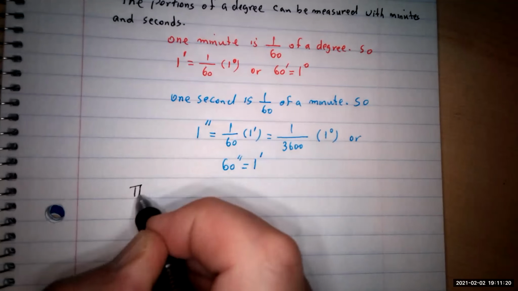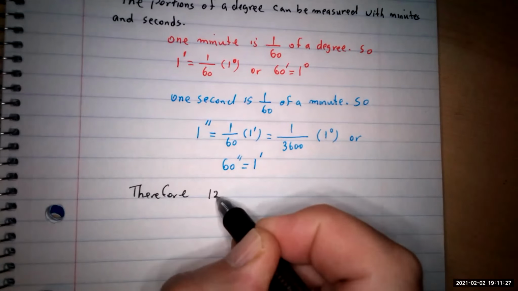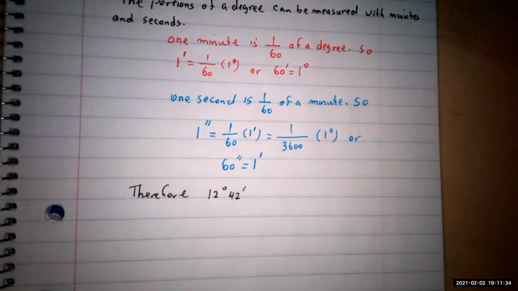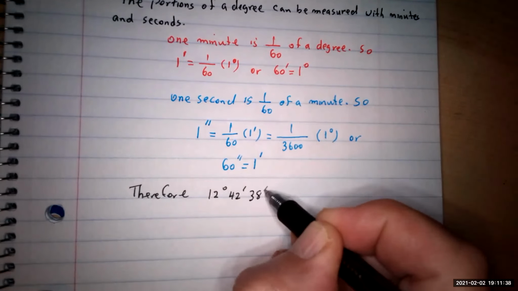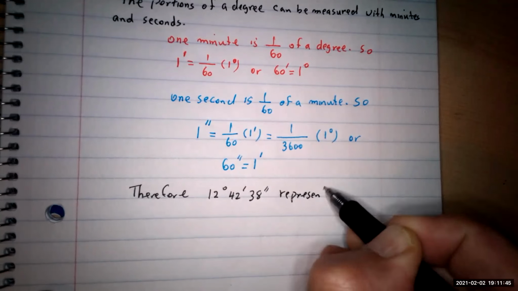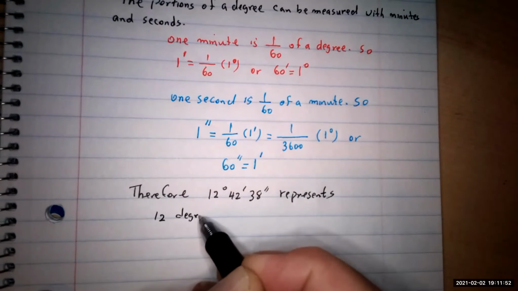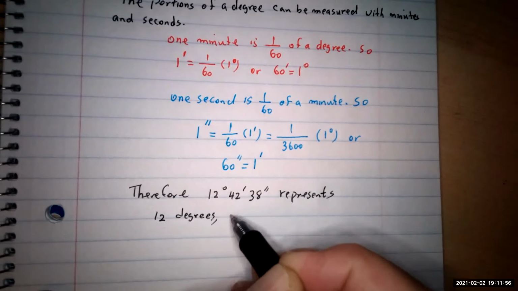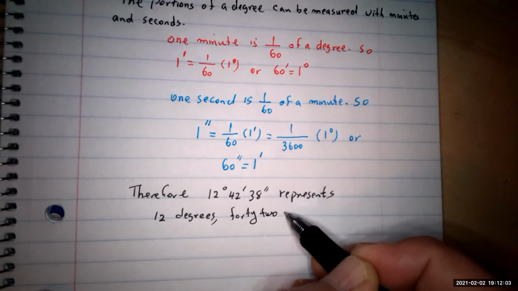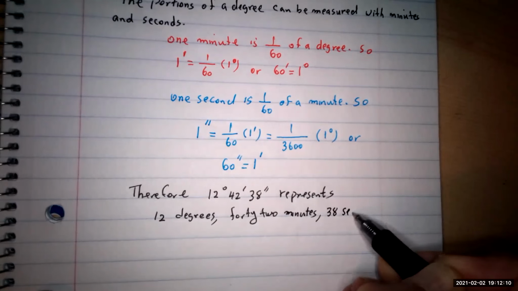Therefore, if we write 12 degrees 2 minutes 38 seconds, that would represent, in short form, 12 degrees, 2 minutes and 38 seconds.